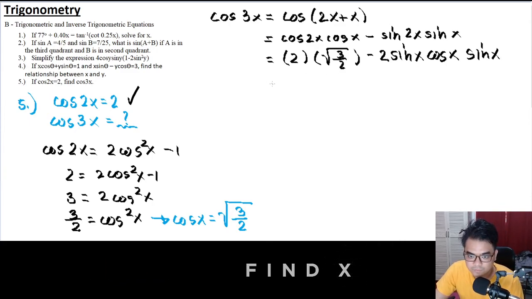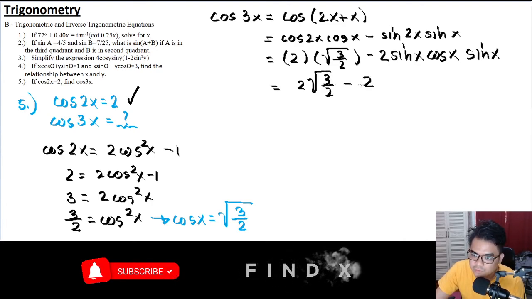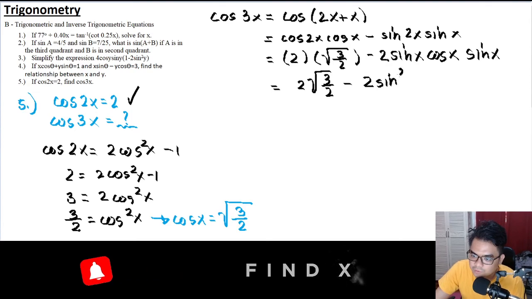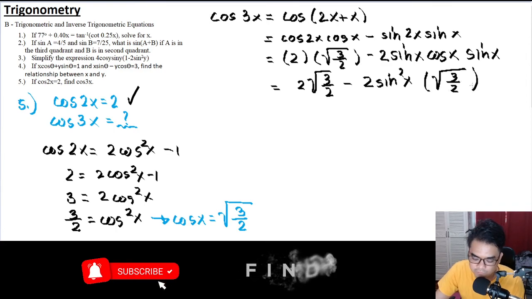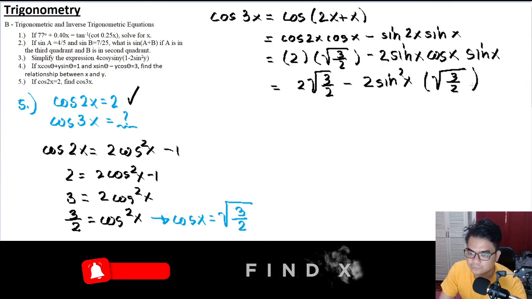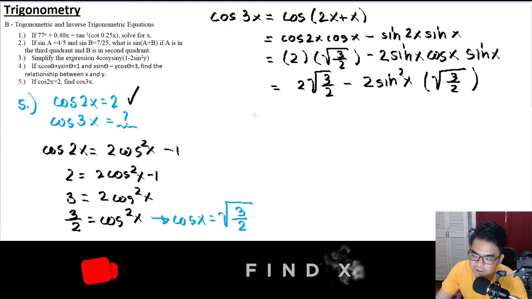So this will become equal to 2 times sine x times the square root of 3 over 2, since we already have a value for cosine x. Then we have to somehow manipulate sine x so it will become only in terms of cosine x, and we already have an identity for that, the Pythagorean identity.